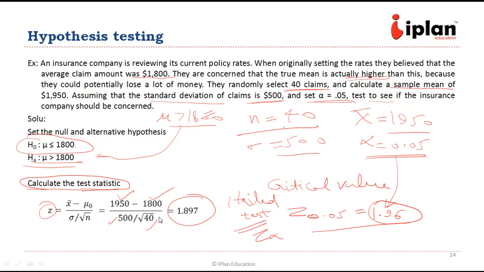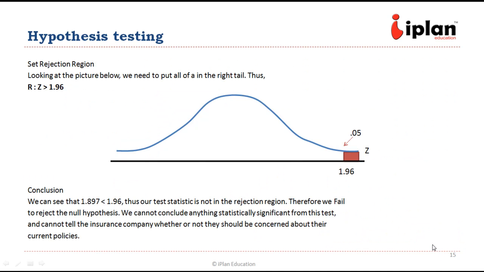So we are going to compare this value with the test statistic. Clearly the comparison says that the critical value is more than the test statistic, which is an indication that we are not able to reject the null hypothesis.